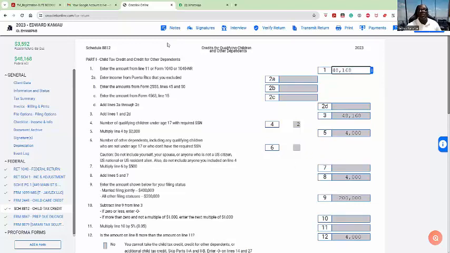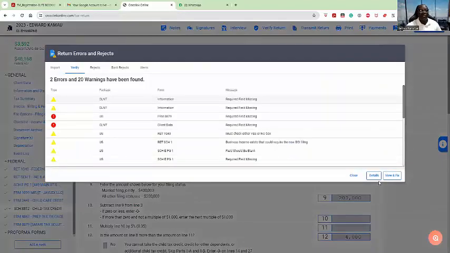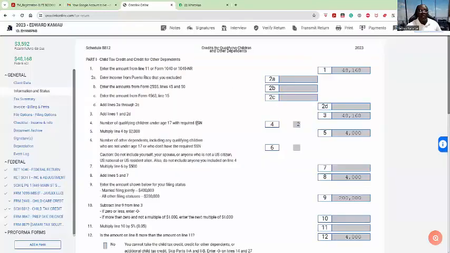Now, if we can, let's see. Okay, so if we can verify this return, there's an error. This information is required. To verify the return is to fix any of these warnings or red marks here.